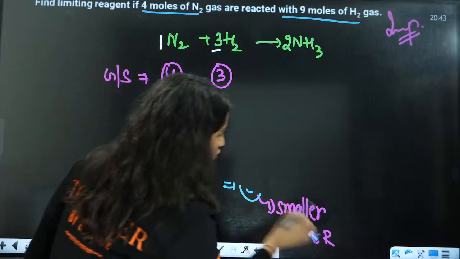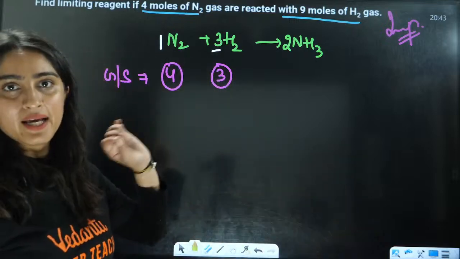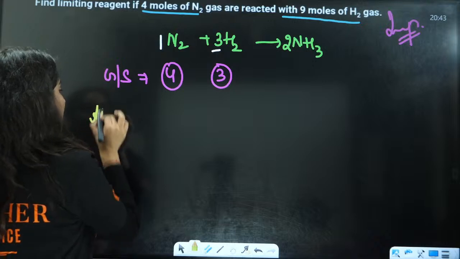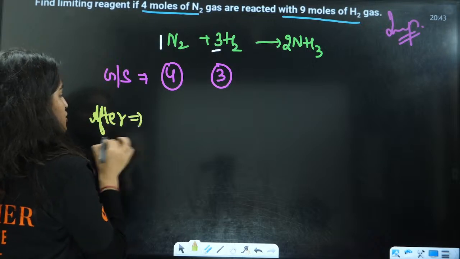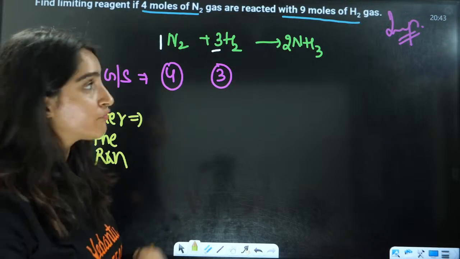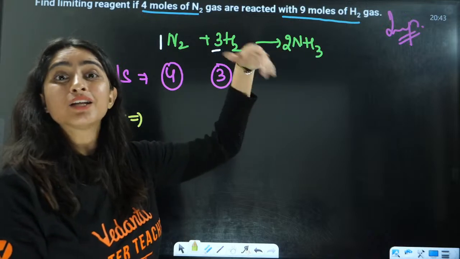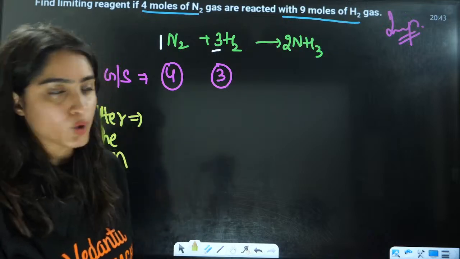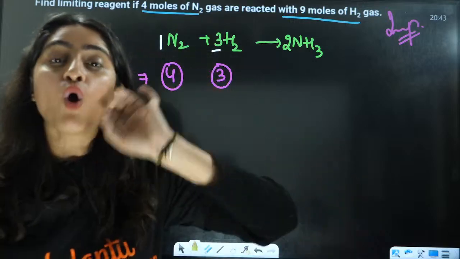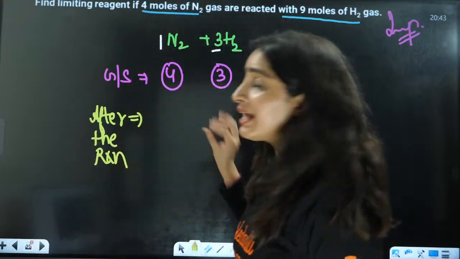Now they can ask you various questions from this, okay? They can ask what the limiting reagent is, and you can simply say it. Or they can ask, after the reaction, what are the moles of N2 that are left? What are the moles of H2 that are left? What are the moles of NH3 that are formed? So the reaction always proceeds with the help of the limiting reagent.